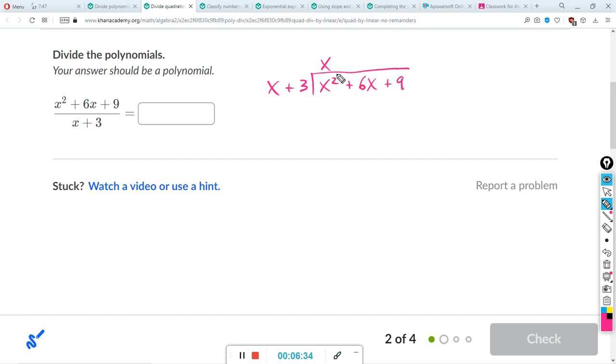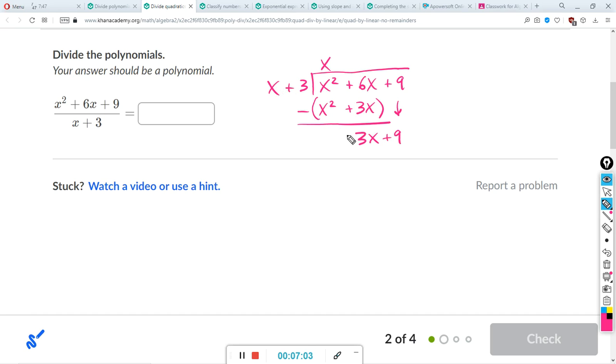That's just x. x times x is x squared. x times 3 is 3x. Use parentheses and subtract the whole thing. x squared minus x squared is 0. 6x minus 3x is 3x. And you bring down the positive 9.